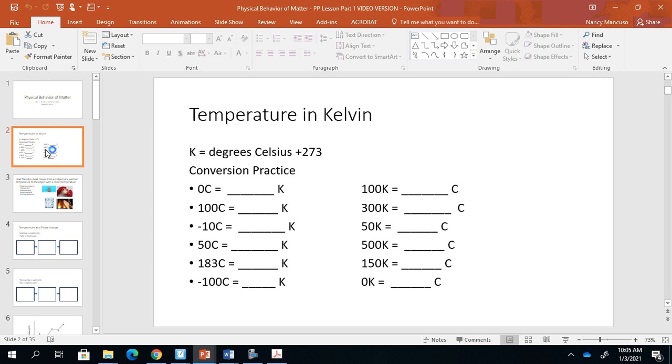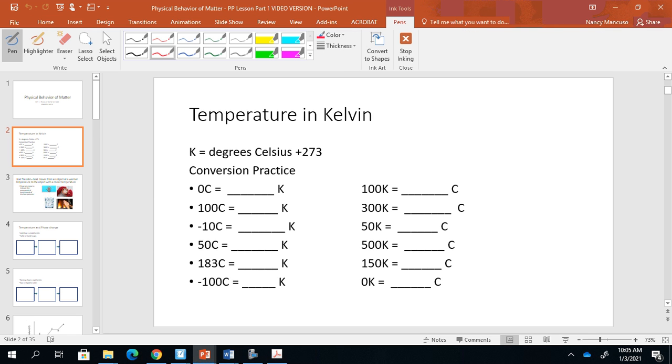The way you do that is you add 273 to your Celsius value. So Kelvin is going to be degrees Celsius plus 273. The distance between two measurements in Celsius is going to be the same as the distance between two measurements in Kelvin. Kelvin's just always 273 steps ahead.